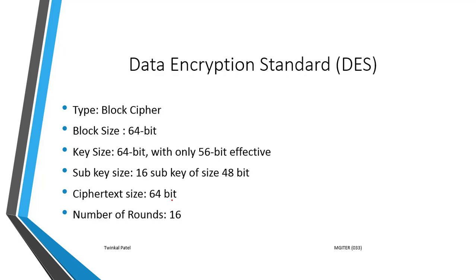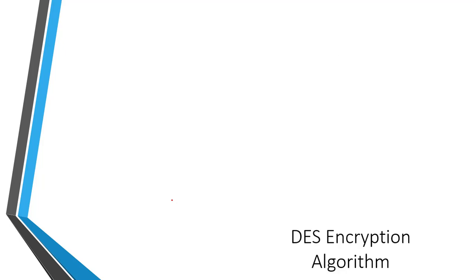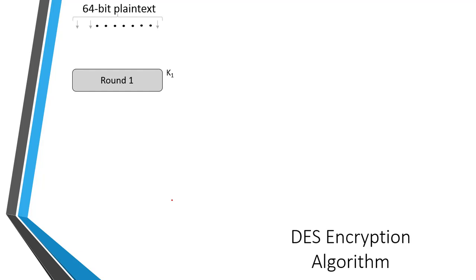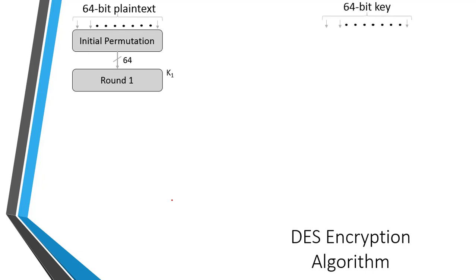Now we will see the encryption process in DES. We will see the DES encryption algorithm. As we know, DES has a 64-bit plaintext. First of all, the initial permutation process is applied to the 64-bit plaintext, which gives us an output of 64-bit. Next, we have a 64-bit key, to which we first apply the operation of permuted choice 1, which gives the output of a 56-bit key.